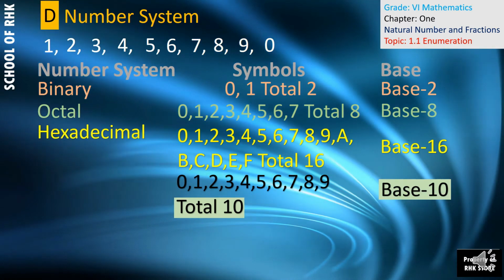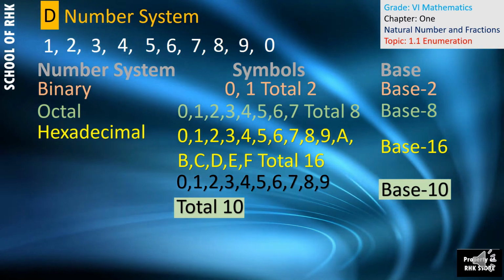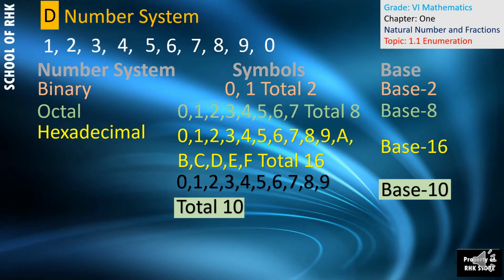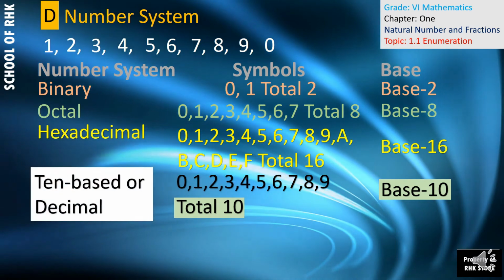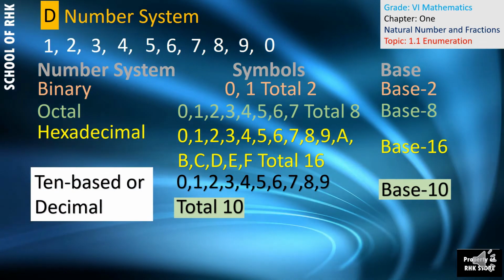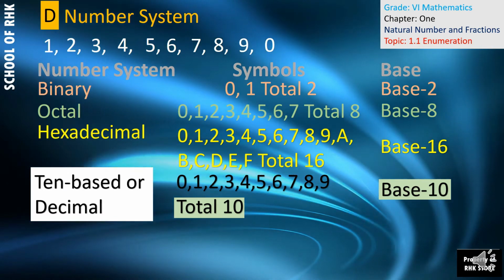In arithmetic, since the total symbol or digit is 10, this number system is called a 10-based or decimal system, or the system of multiples of 10.